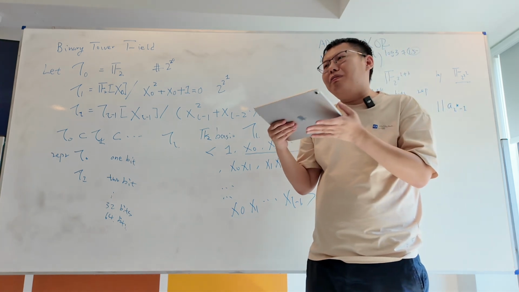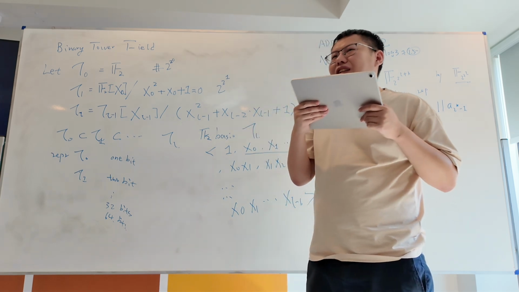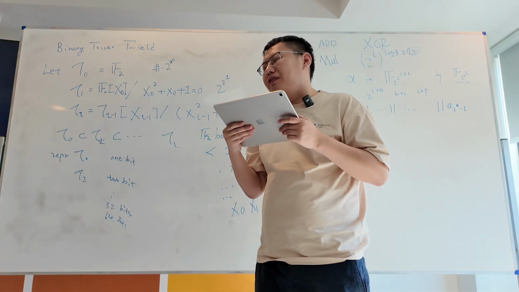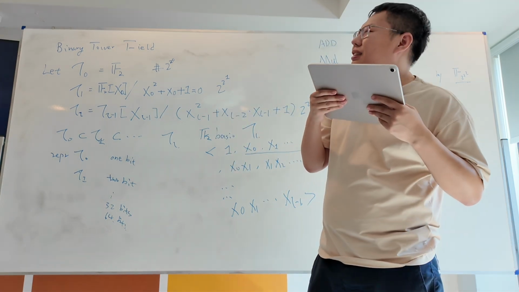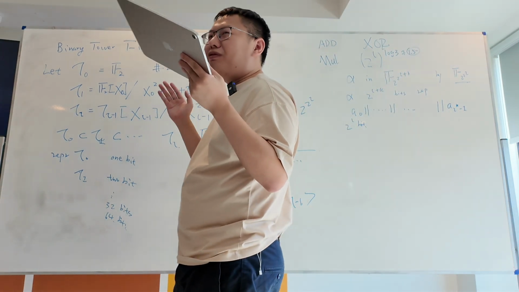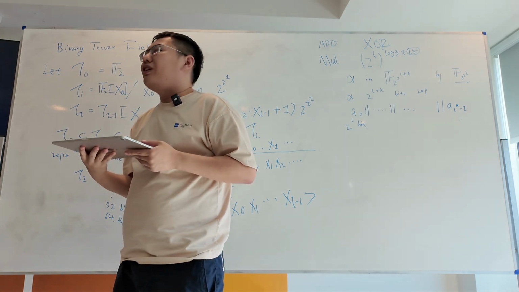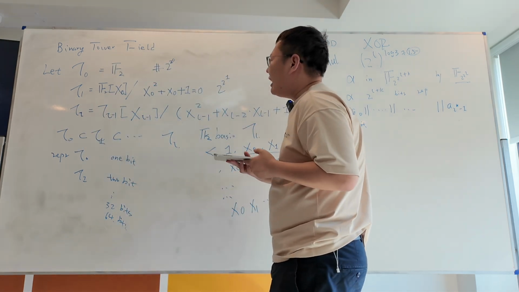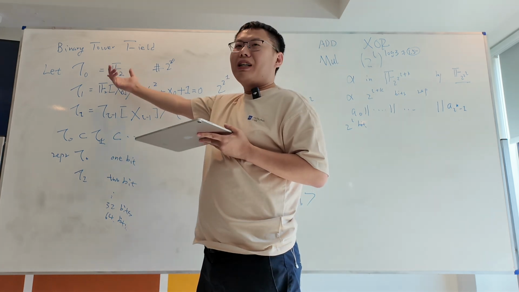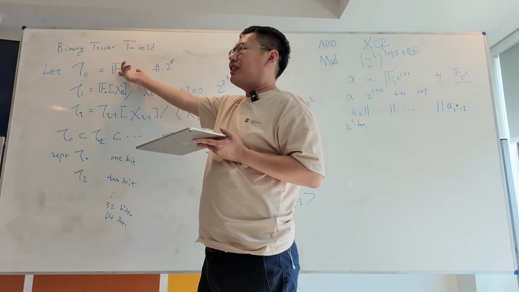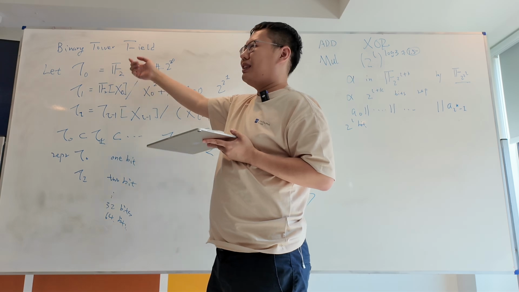So even if you want to commit a bit, you still need 250-something bits. This is a very big overhead. However, in the binary field case, you can commit 1 bit into 1 bit, a 1 bit to 1 bit commitment.